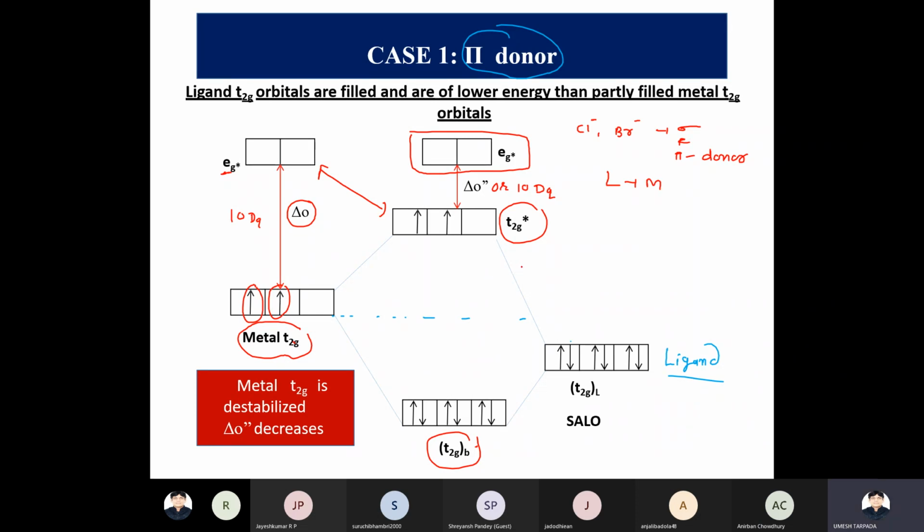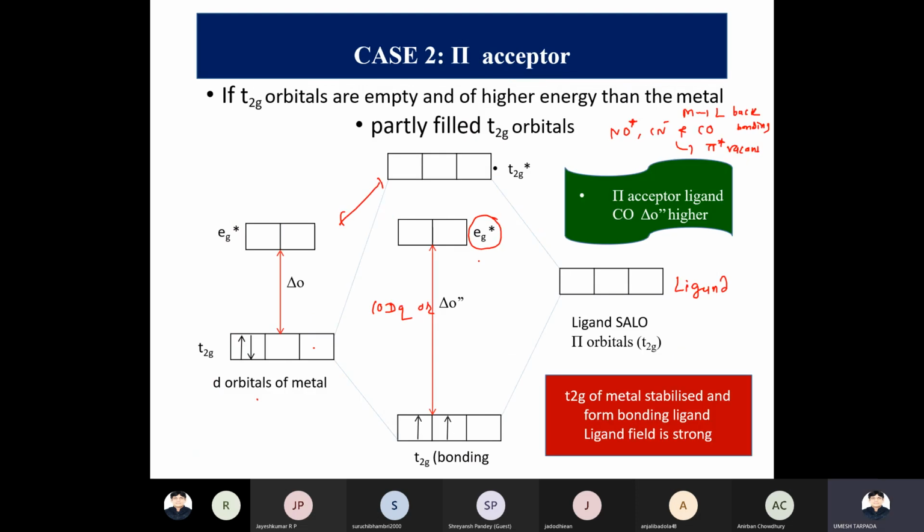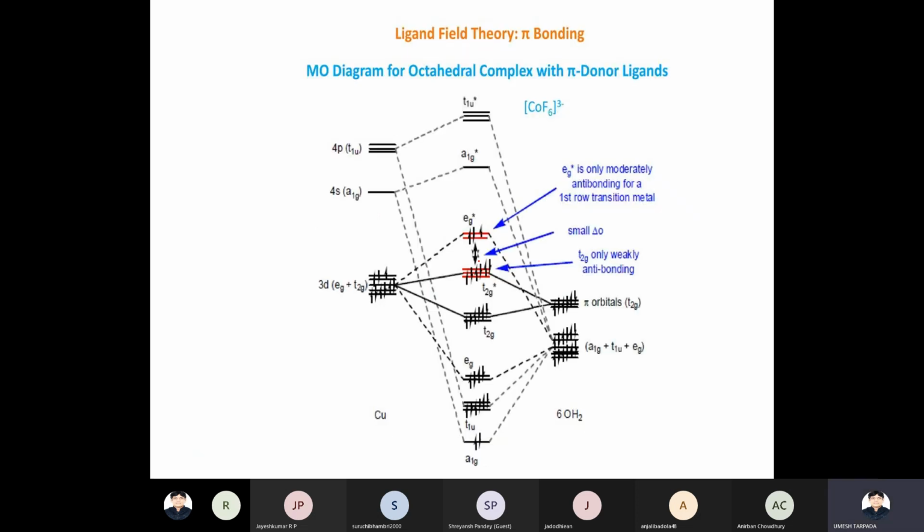So now this is the case where you can have a 10 Dq value. In the case 2, 10 Dq is a difference between t2g and eg star, that is called antibonding. Now what happens is, this is one of the diagrams, MO diagram. आपके पास 3d orbitals है.